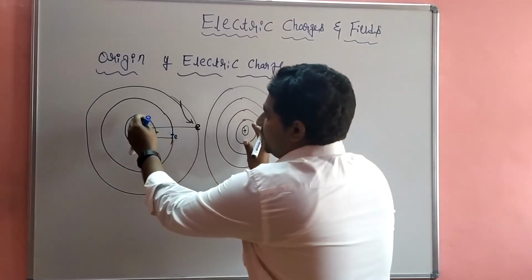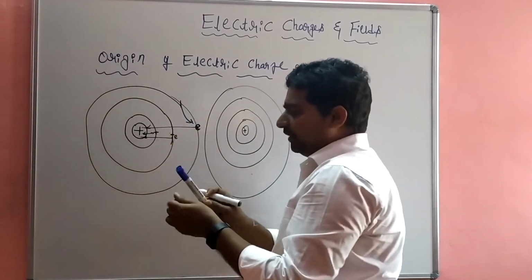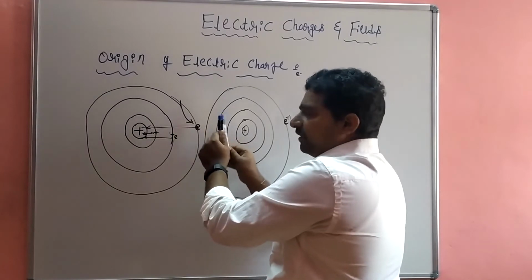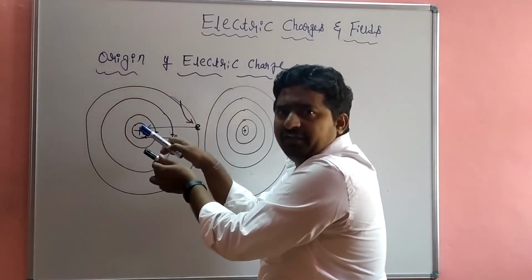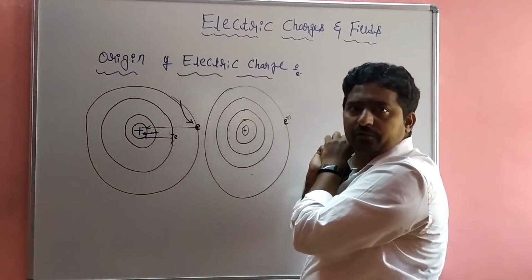So when these two atoms are rubbed with each other, when this is one atom and this is another atom, some atoms have their own property of easily losing the electron.